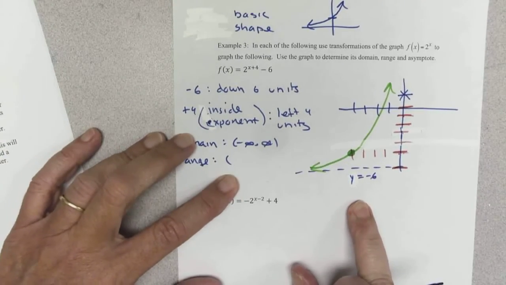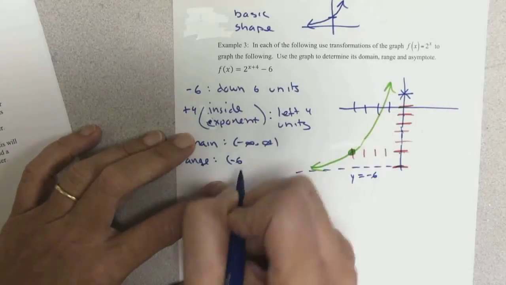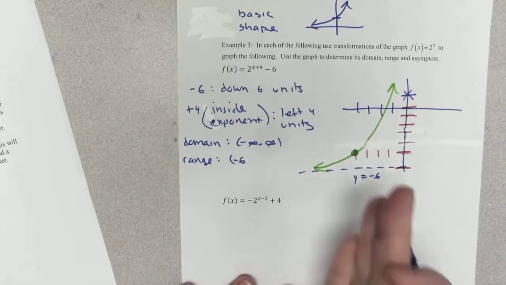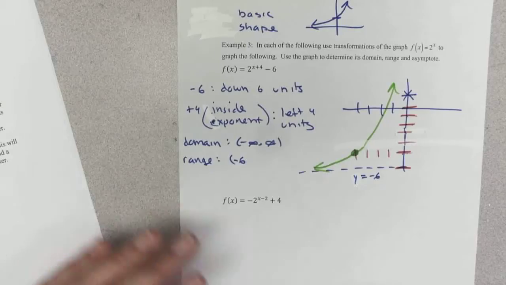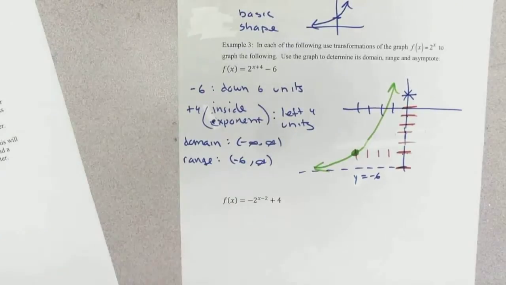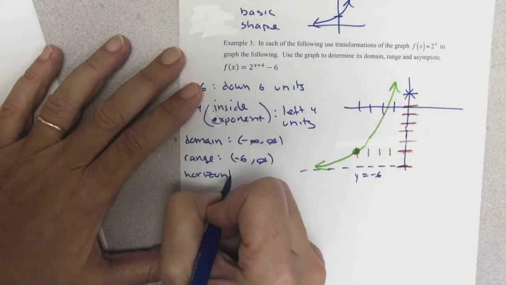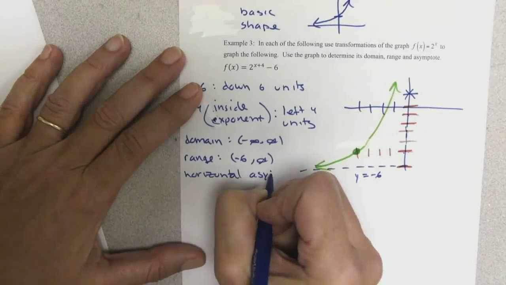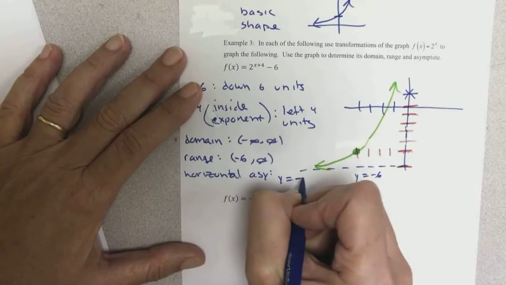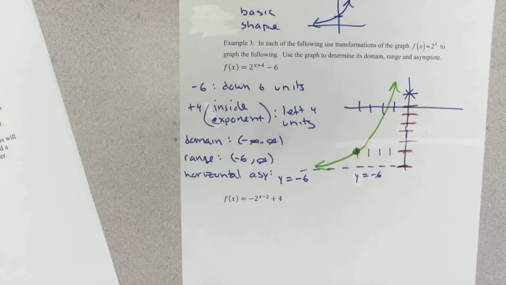So my low point is almost negative 6, so parentheses, but then it goes up forever. So negative 6 to infinity, and my horizontal asymptote would also be y equals negative 6.